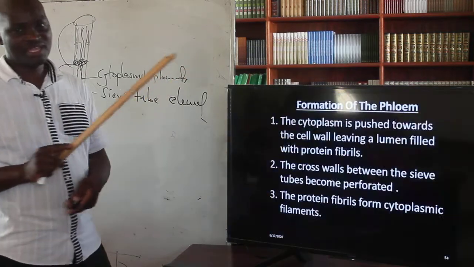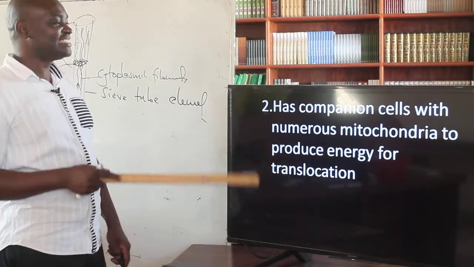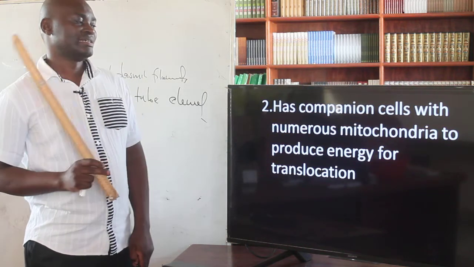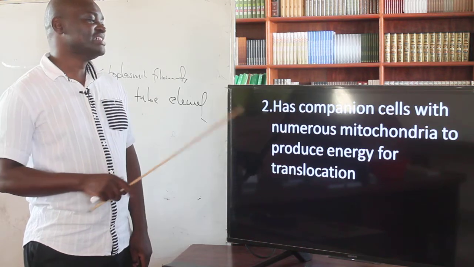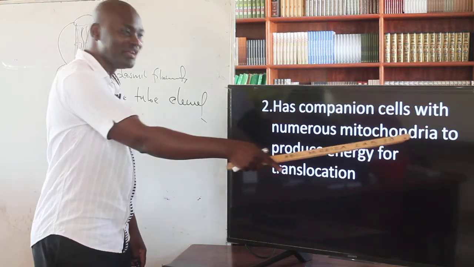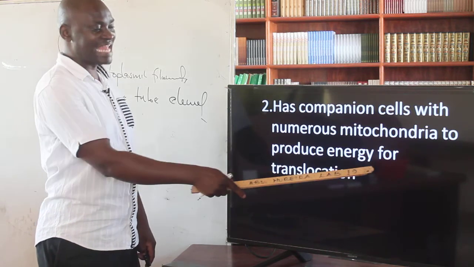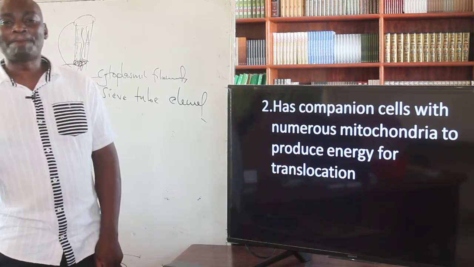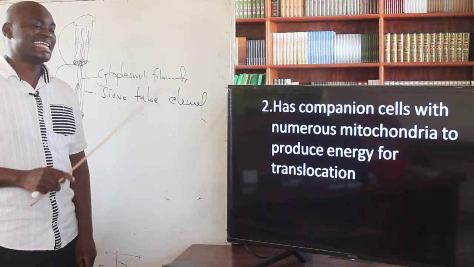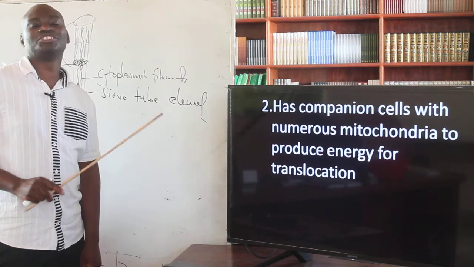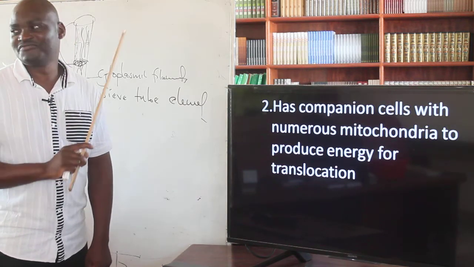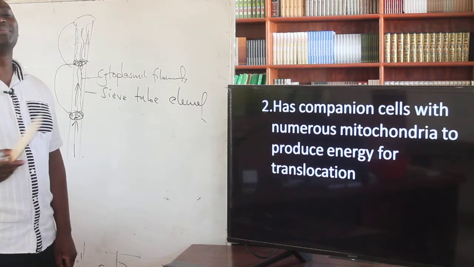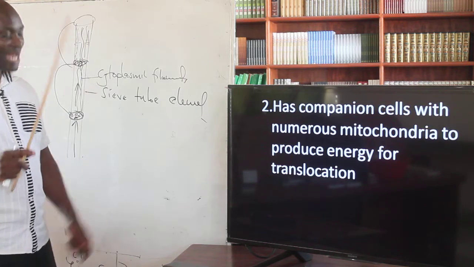Another adaptation is that the companion cells normally have numerous mitochondria to produce energy for translocation. So translocation is a process that requires energy. That energy is used in active transport, which is one of the ways through which substances are translocated within the plant.